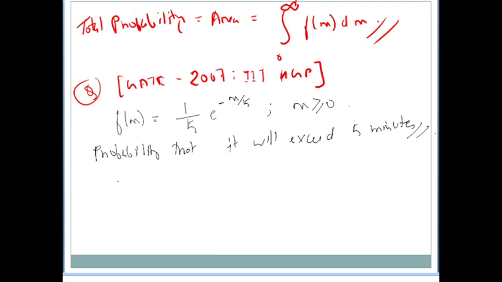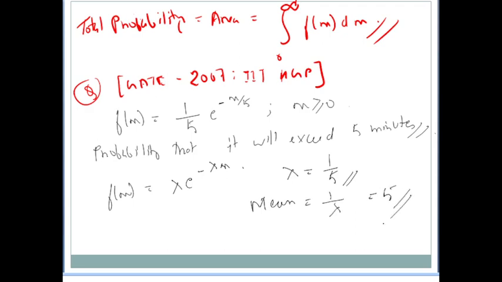We know that f of x is equal to lambda e to the power minus lambda x. By comparing, we can see that lambda is equal to 1 by 5, therefore the rate parameter is 1 by 5, and mean is 1 by lambda, therefore mean is 5 minutes.